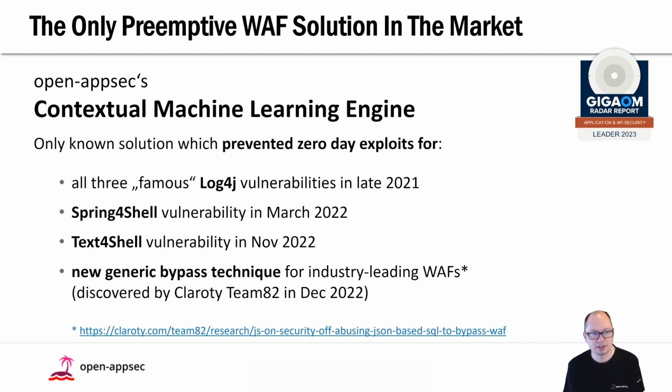So the core of this is our contextual machine learning engine, and the actual proof of this was already seen over time when you just look at the most famous attacks that were out in the wild and everywhere covered in the press. So the open-appsec contextual machine learning engine was able to prevent attacks on all the three famous Log4j vulnerabilities, which each got their own CVE number in late 2021.